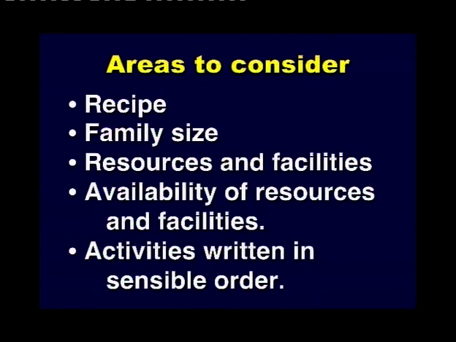But if you need some, then you can write where you have to obtain them. Where do you get those facilities that you need to prepare that food dish? And after that, you have your activities written in order. What do you do first? Okay? So don't think that you have finished when you complete the method in that food dish you are preparing.